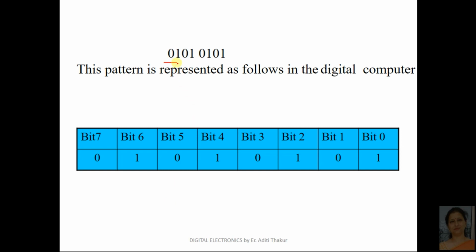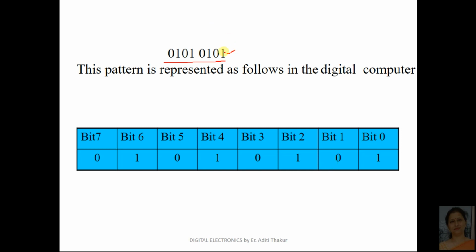Now we will again take the example of this string. This pattern is represented as follows in the digital computer. What is the position of these bits in the computer? Starting from the right hand side, the first bit position is called bit 0.